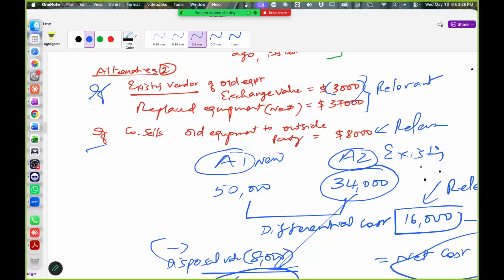It also includes relevant revenues, revenues made in the future, revenues that differ from the alternative, revenues that are going to impact my decision. When we talk about cash flows, relevant cost also includes cash flows to be made in the future, cash flows that differ from the alternative. I am interested only in cash flow.